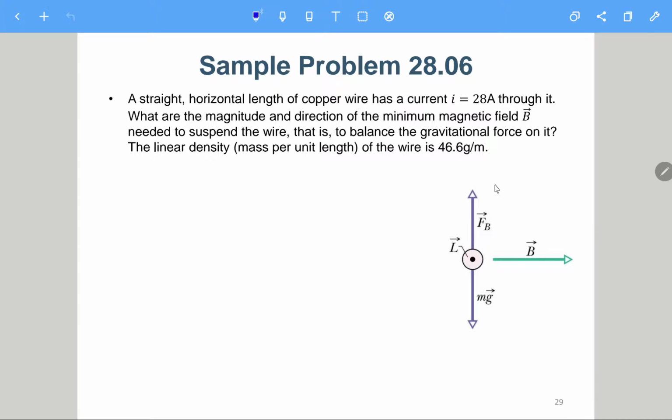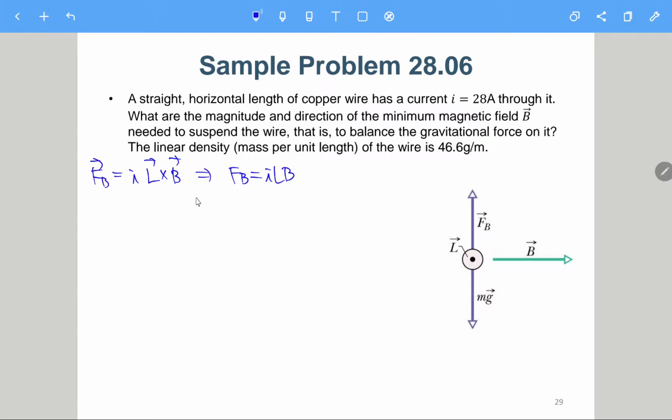So here, we have FB equals I L cross B, which we can write in scalar form as FB equals ILB, as long as all the vectors are perpendicular to each other, so sine theta is sine 90 degrees, which is 1.